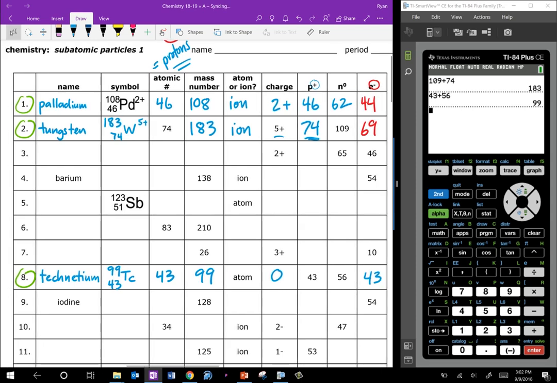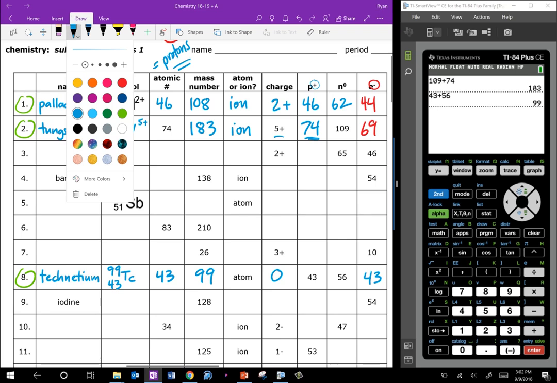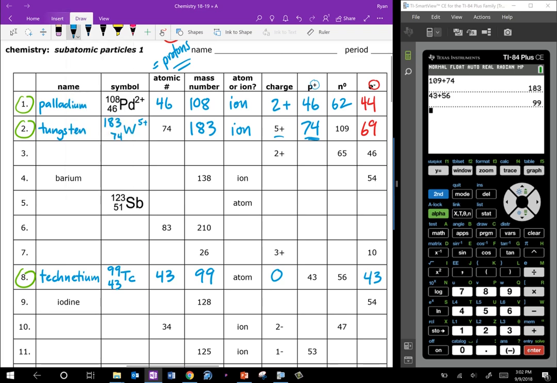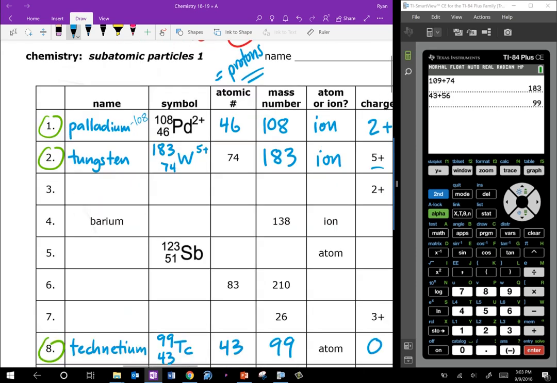Now we could take one step further with these. I don't require that you do it, partly because this page is meant to leave some things for you to figure out and some stones for you to turn over. But in truth, if you want to get right down to it, we could actually include the mass number along with the names like we showed you in the previous video. So this first one, on number 1, we could have called it palladium 108, right? So we could name it that way.